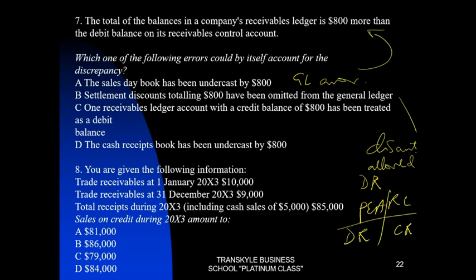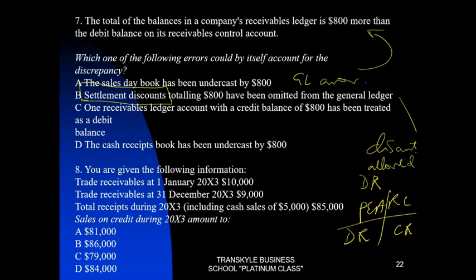So the assumption which a clever student would have is that the settlement discounts spoken about by the examiner are discounts allowed.